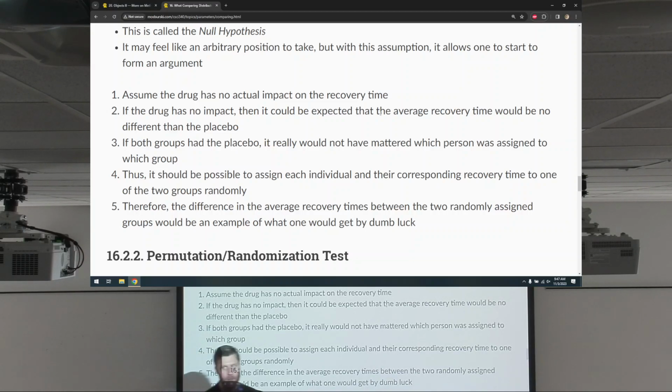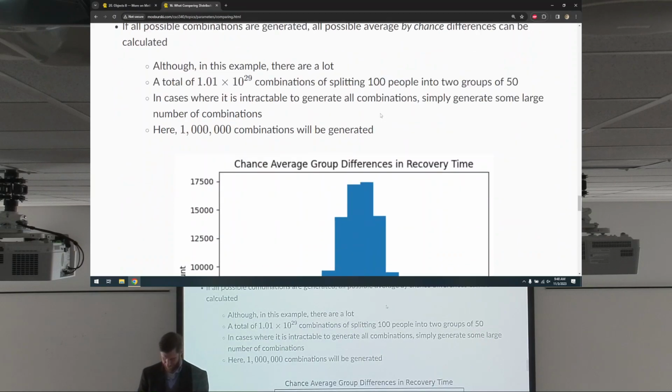When we start with the null hypothesis, we're saying there's no difference. That's like saying, look, there was a 1.6 day faster recovery time with the drug group. But we're assuming there's no difference. And if there is no difference, then that would mean that the 1.6 that we observed was dumb luck. Right? So I'm going to say, what do I have here?